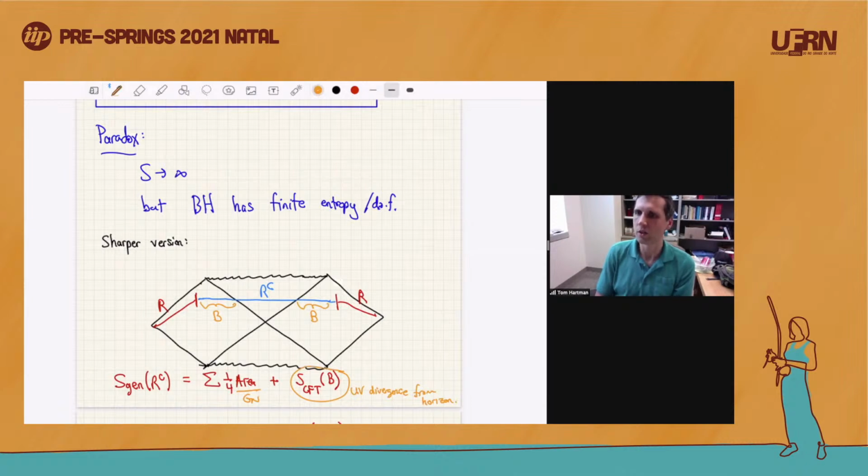So the renormalization of Newton's constant cancels against the UV divergence from the matter entropy, and when expressed in terms of the renormalized Newton's constant, the generalized entropy never has infinite contributions from the horizon. The generalized entropy does have an infinite contribution from this point out here, which is the boundary of region R, but that infinite contribution is no problem because that's exactly the same infinite contribution that we had in our calculation of the Hawking radiation.